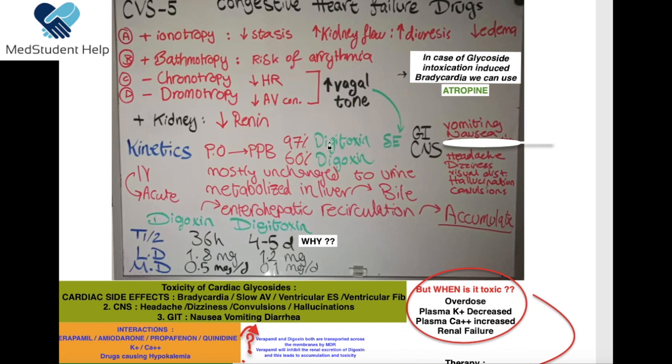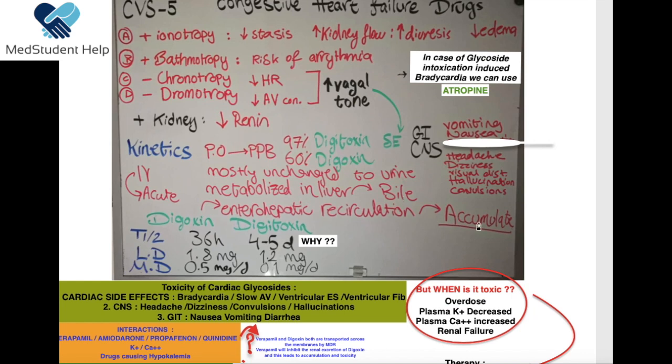What about digitoxin? Now, digitoxin is different. For the elimination of the digitoxin, it is going to be metabolized in the liver. Now, when it is metabolized in the liver, it is going to be sent to the gallbladder. So the bile then is going to reach into the intestine, as you know, and there is going to be a risk of accumulation.